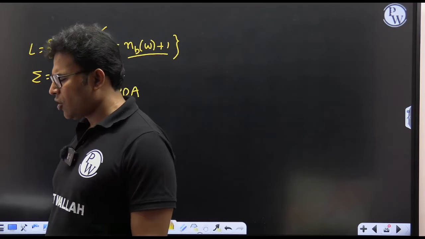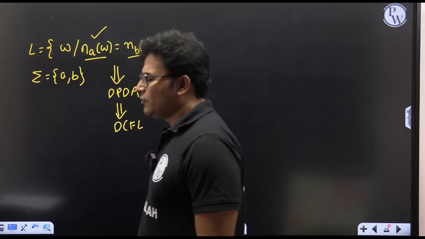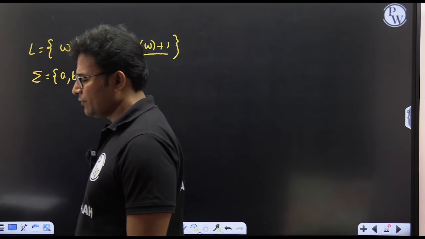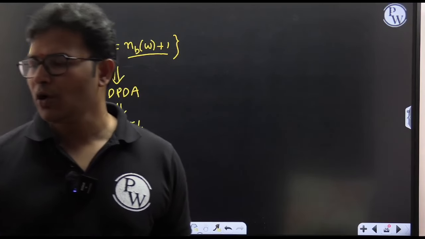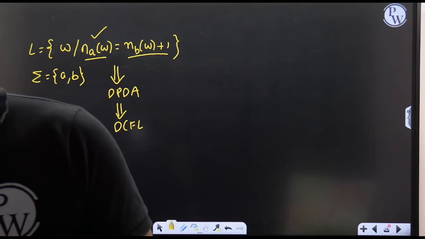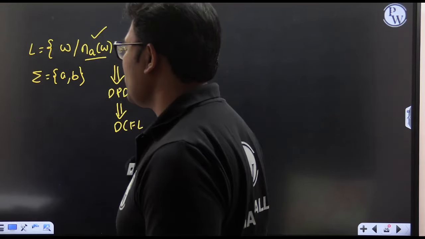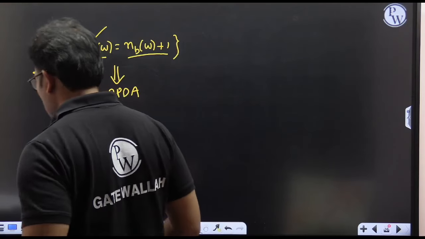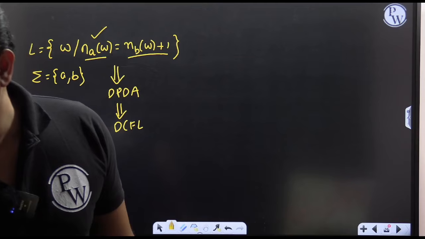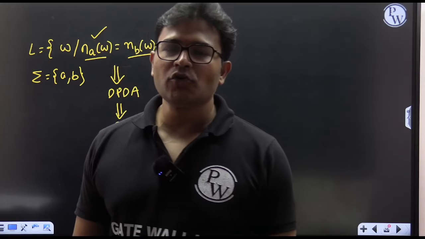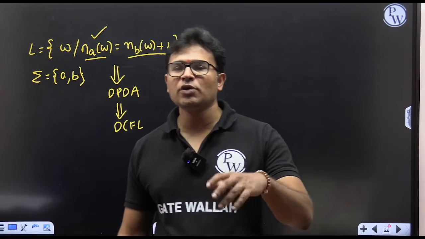So we have solved a lot of questions on this. But one thing I didn't tell you is the definition of a pushdown automata. We will see the definition of pushdown automata now. Till now we have seen many questions on PDA, but I didn't give you the definition of PDA so far. The reason is, if I give you the definition of PDA initially, you will not be able to understand it.